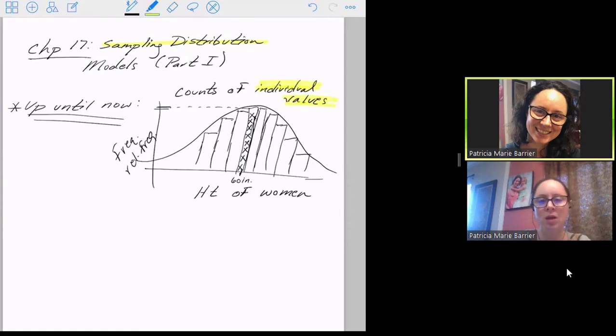And we know that these histograms that we were creating, we hopefully had used good sampling techniques. And we hopefully had representative samples that had distributions that were similar to the parent distribution.